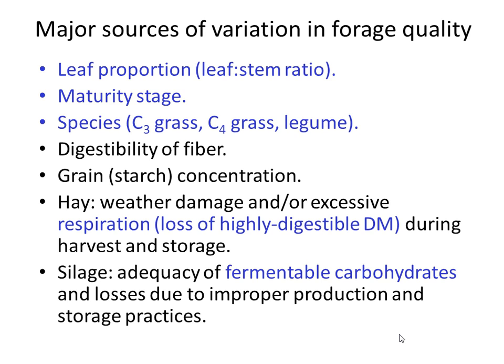Major sources of variation in forage quality, we've already talked about a number of these. Leaf proportion, leaf versus stem. Leafier materials are going to have lower fiber, higher cell contents. Maturity stage, I'll show you a couple diagrams here. And one of the tables in your handout, by the way, leads you through protein, fiber, digestibility as you go through the maturity stages.